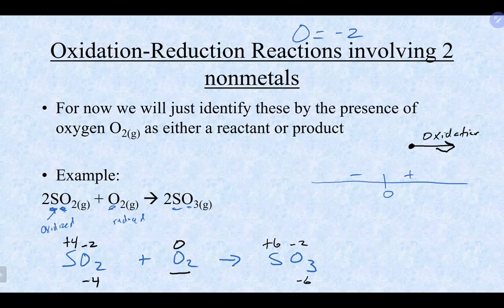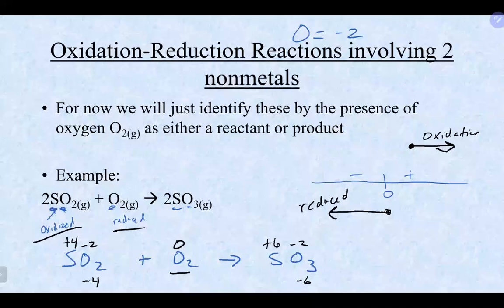The oxygen started at 0 over here and ended at -2, which would be going in that direction, which means it is being reduced, which is the exact same thing we came up with over here. But that is really what's happening here: by attaching another oxygen, it's going to pull more of the electrons closer to that third oxygen, making the sulfur become even more positive in that arrangement.